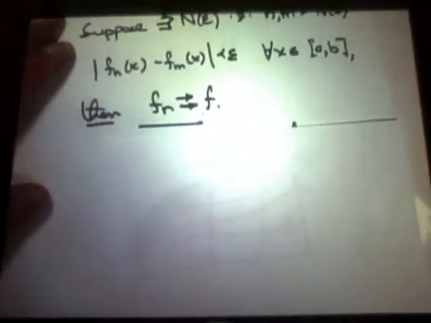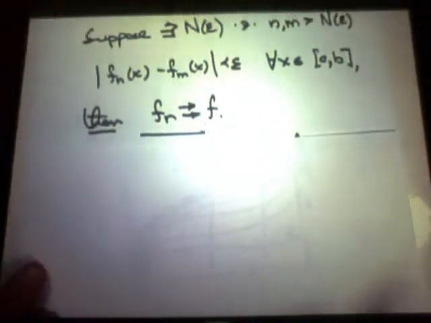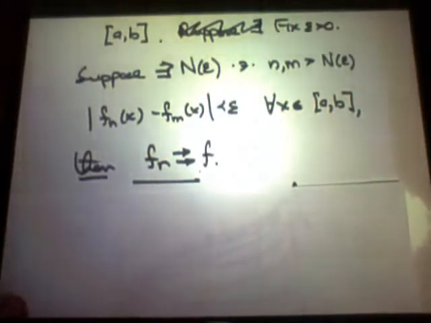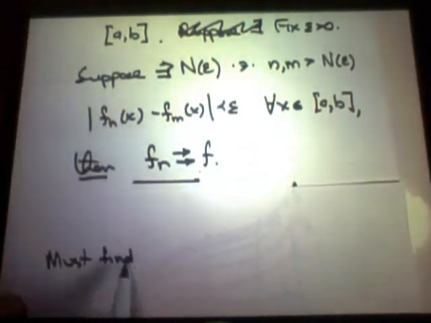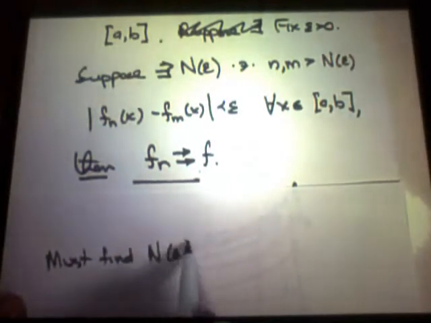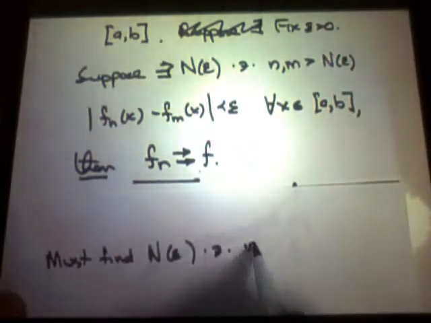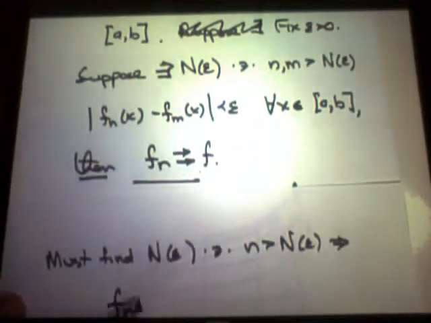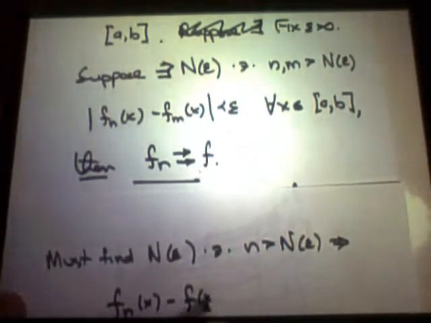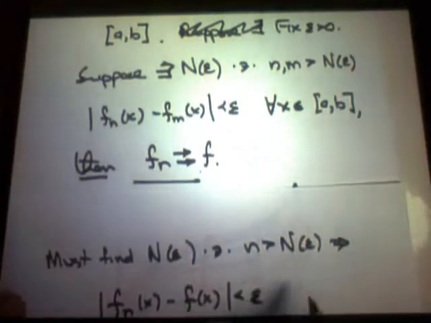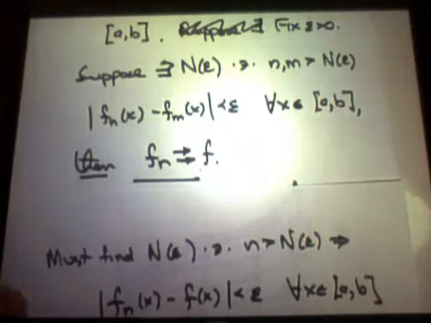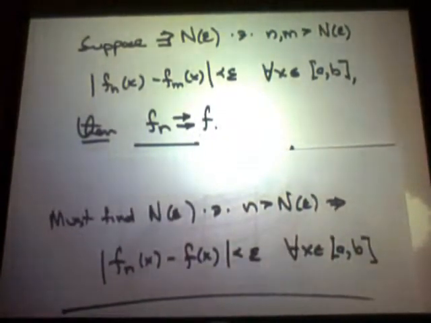But now, what's the condition for uniform convergence of the fn's to f? Must find an n of epsilon, right? Such that n greater than n of epsilon implies absolute value of fn of x minus f of x is less than epsilon for all x in A. So that's the condition.